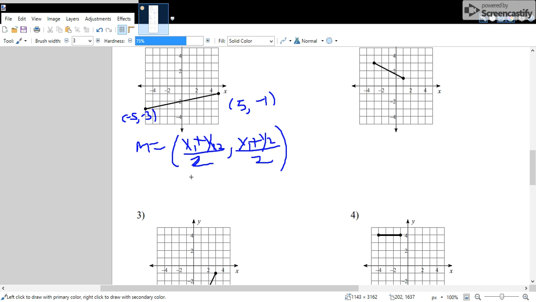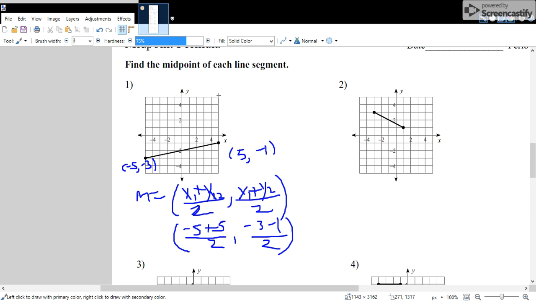So plug these in. You get -5 plus 5 over 2 and -3 minus 1 over 2. So your midpoint would be 0, comma, -4 over 2, which would be -2.